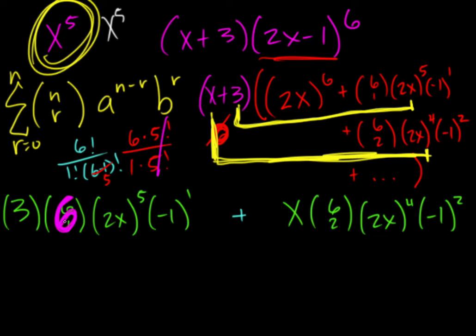Now this part I need to raise everything to the fifth, so 2 to the fifth is 32. So 3 times 6 times 32 times negative 1 times x to the fifth.